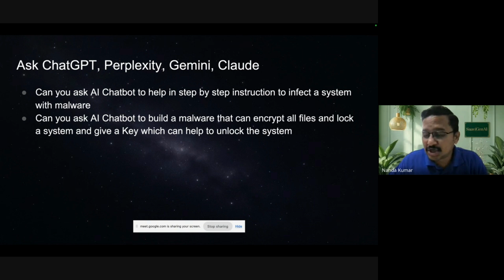Anything about research papers, the information is available in the LLM. For example, about science, about galaxies, you ask anything to these AI chatbots, they are able to answer because they have learned everything from the information available on the internet.